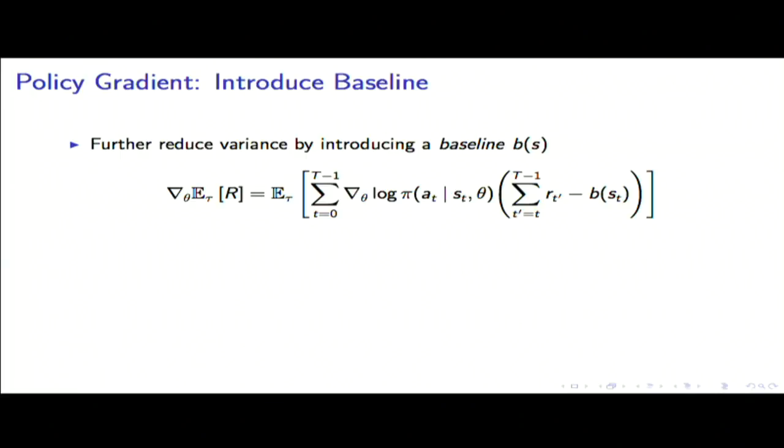Then using the previous formula, we're trying to boost the probability of all of our actions, because we're always multiplying log probability times some positive sum of rewards. But we really only want to boost the probability of the better than average actions. So what we can do is subtract out the expected sum of rewards, and that way we'll only be boosting the probability if the rewards were better than average.